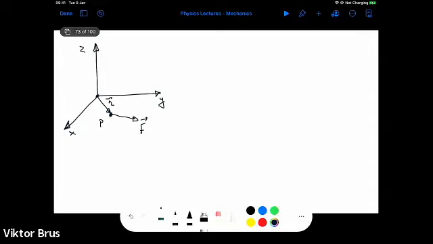So this is our origin of coordinates, and this is the plane x and y. We are interested in calculating the torque and defining its direction with respect to rotation about axis z of this particle when force F is exerted on it.